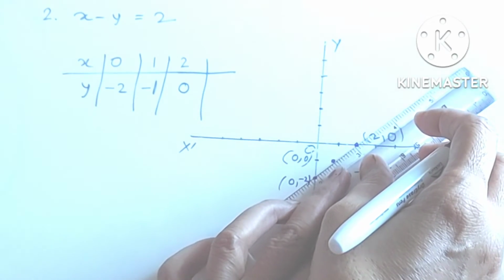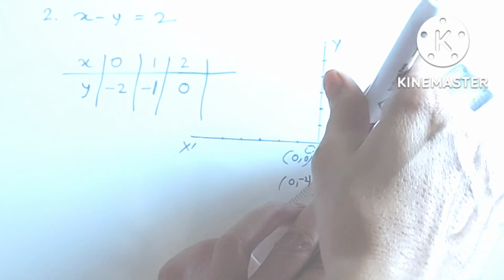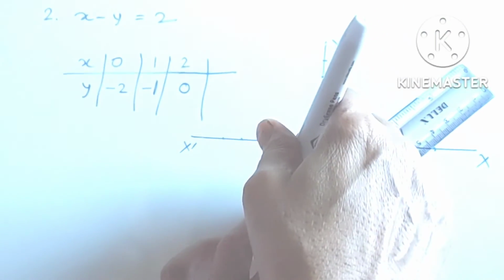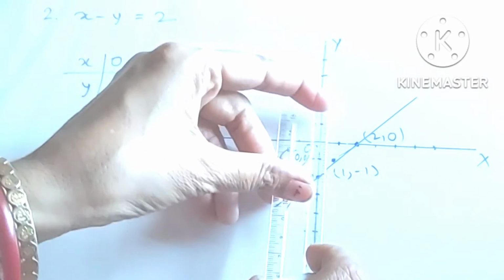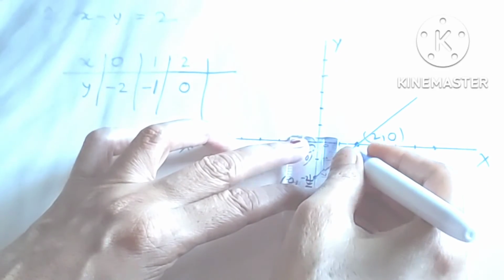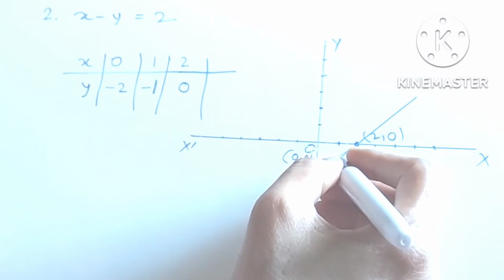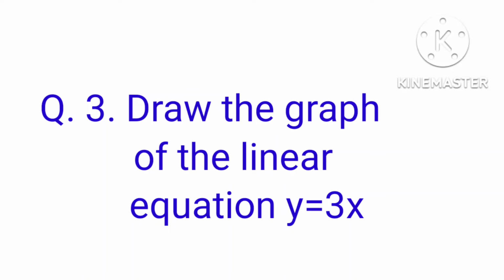And now, yes, here with the scale we can see the point is here. So this is the line for this graph.